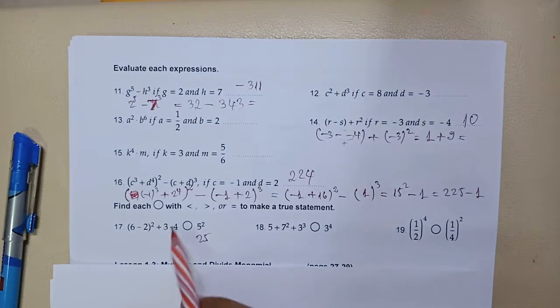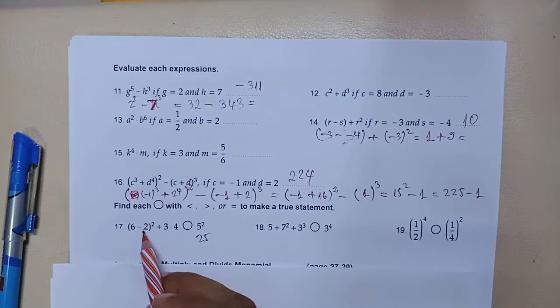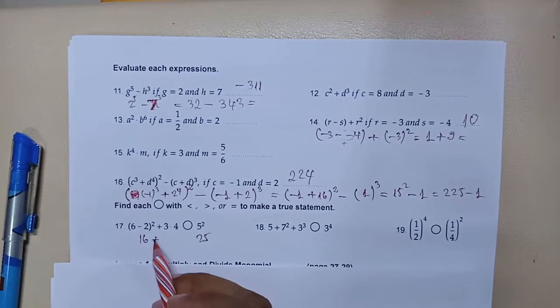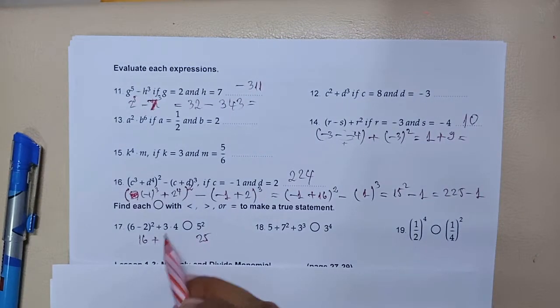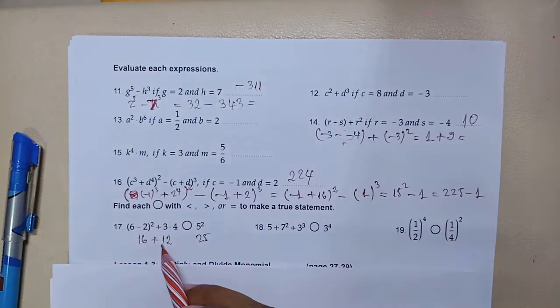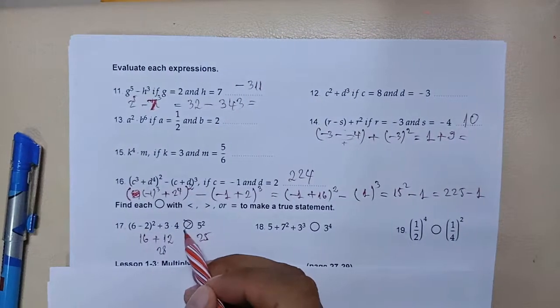This part, 6 minus 4 minus 2 is 4. 6 minus 2, 4. 4 squared, 4 times 4, 16. Plus 3 times 4, 12. So 16 plus 12, 28. So 28 is greater than 25.